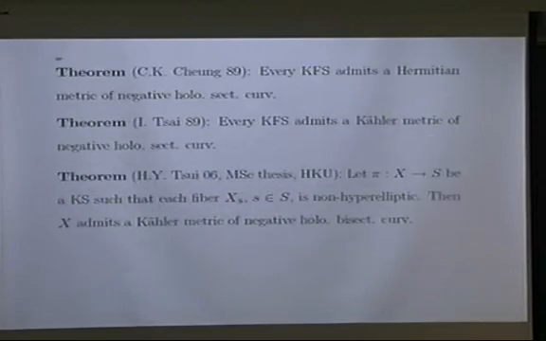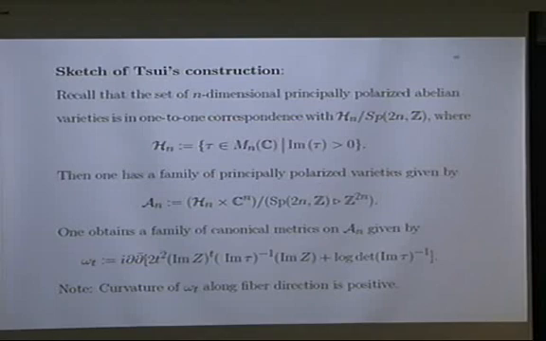Okay, so let me go through a little bit of the proof here, the construction of Chui. Basically the way is to map this Kodaira surface into the Jacobian.